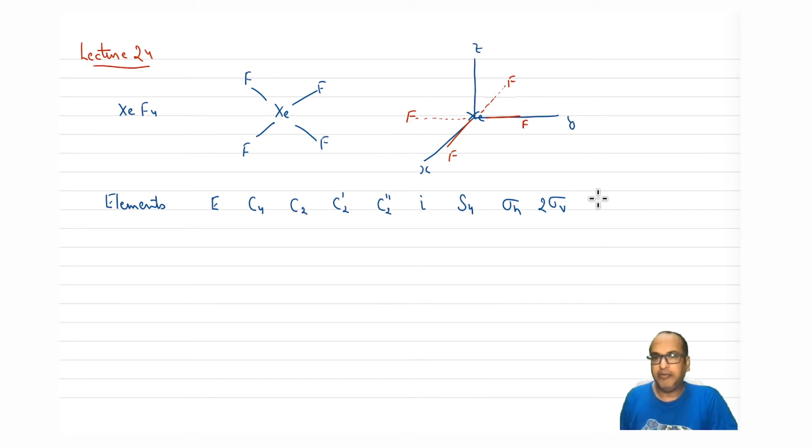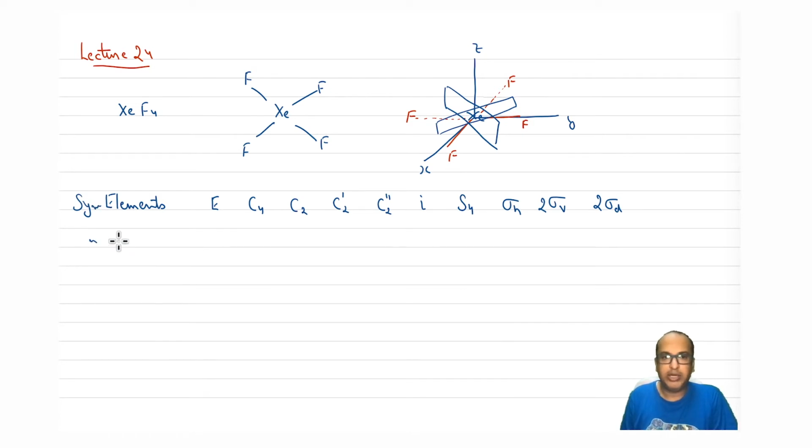Then we have two sigma d's, which will be bisecting the X and Y axes and containing the Z axis, right? So it will be something like this. And similarly, we have another sigma d, which will be bisecting X and minus Y, right? So something like this. Okay, so now that we have listed all the symmetry elements, so I'm not calling them group elements.